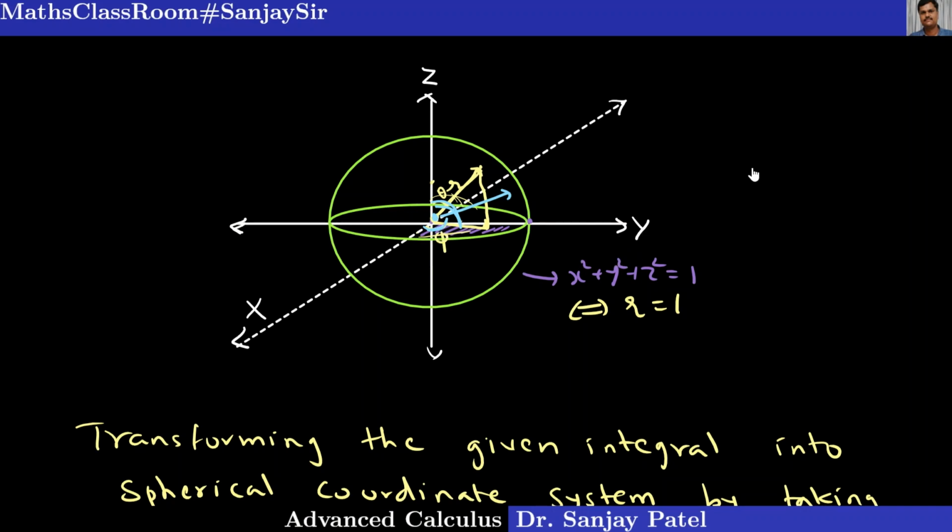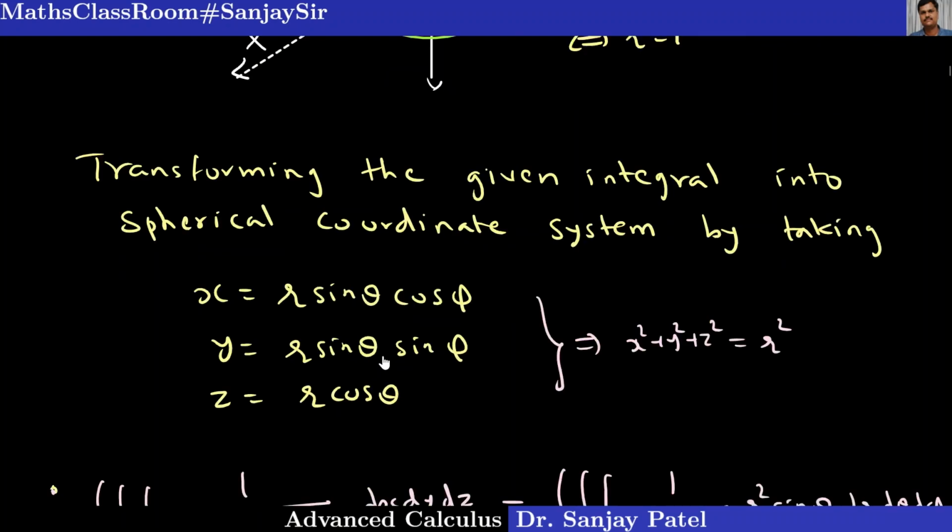The integrand is r square over square root of 1 minus r square times sine theta, dr, d theta and d phi. So r varies from 0 to the sphere r equal to 1. Theta is between 0 and pi by 2 in the first octant, and phi is also between 0 and pi by 2, while r changes from 0 to 1 from this figure.